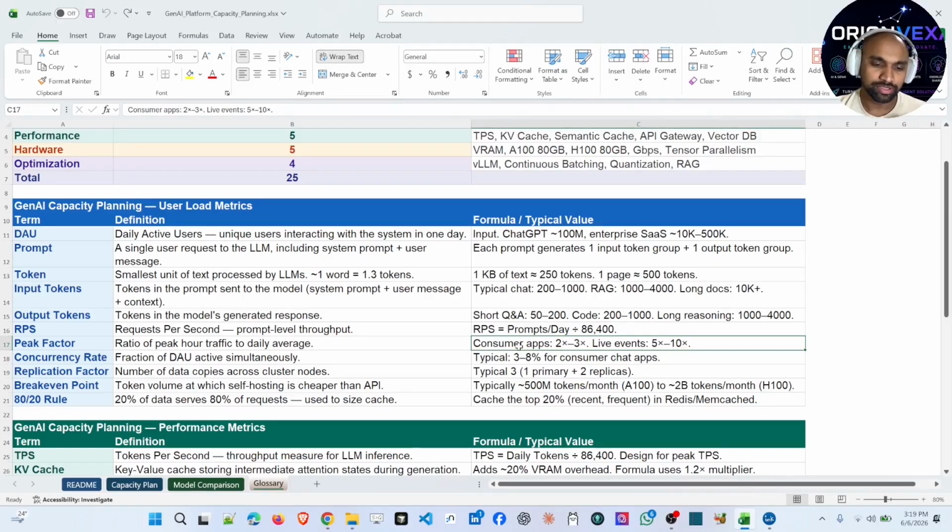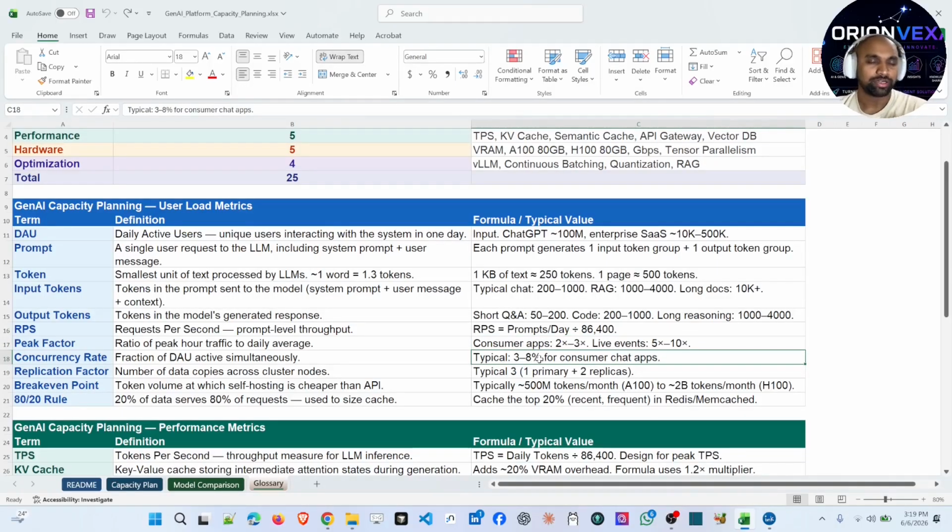For live events, we can consider 5 to 10 times. Concurrency rate is the fraction of daily average users active simultaneously. Typically 3 to 8% of the consumer chat app users we can consider as the concurrency rate.